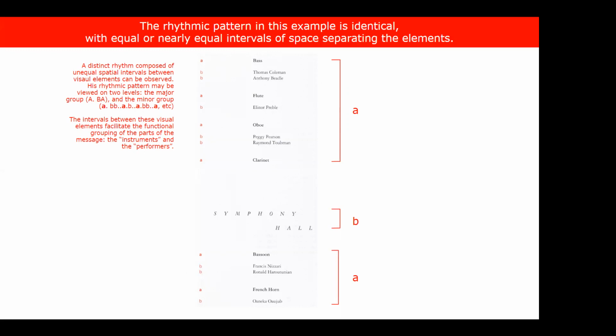This rhythm pattern may be viewed on two levels: the major group A, B, A, and the minor group A, B, B, A, B, A, B, B, A, and so on. The intervals between these visual elements facilitate the functional grouping of the parts of the message: the instrument, the performers, and the venue as well.